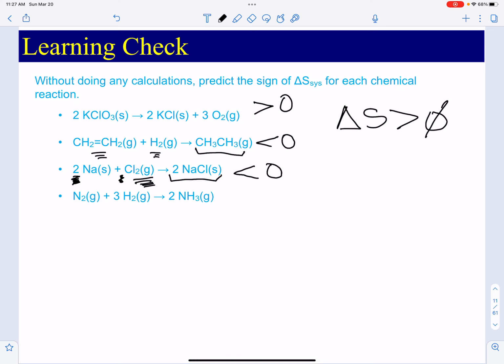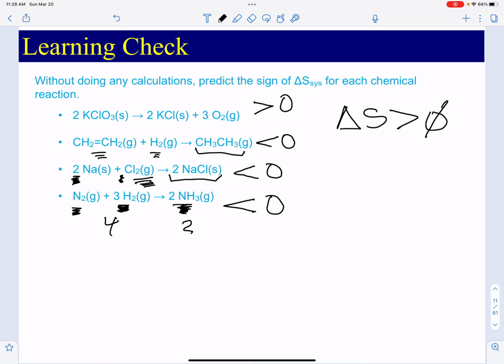And on the next one, we have one molecule of nitrogen and three molecules of hydrogen, making two molecules of ammonia. So we're going from 4 to 2, so it's becoming more organized, so the entropy is going to be negative. Becoming more disorganized, that's an increase in entropy, and we say that's positive.